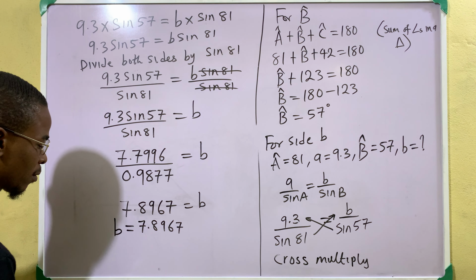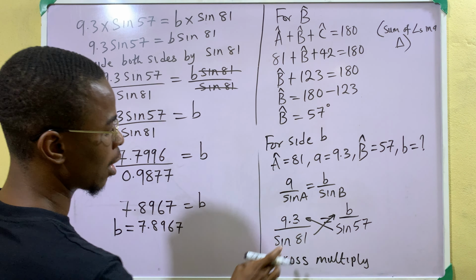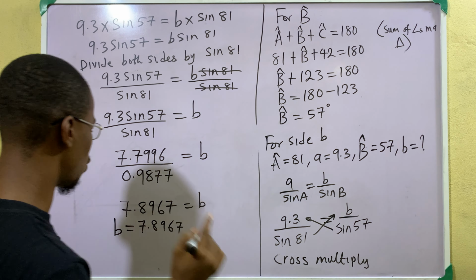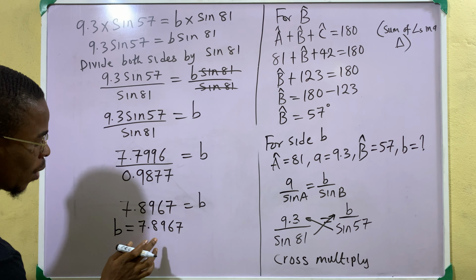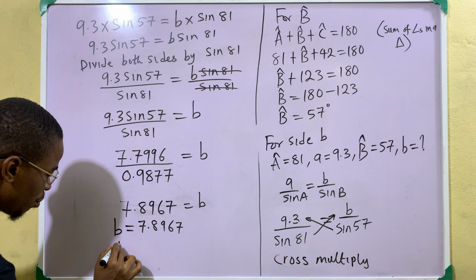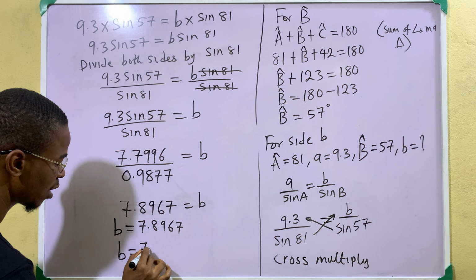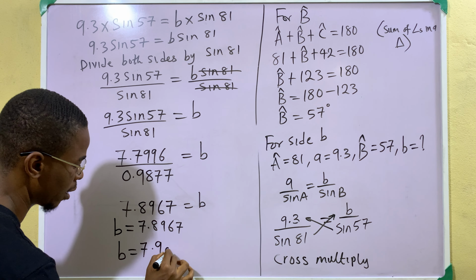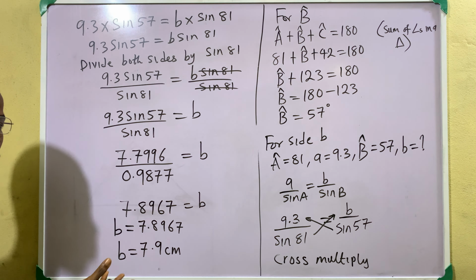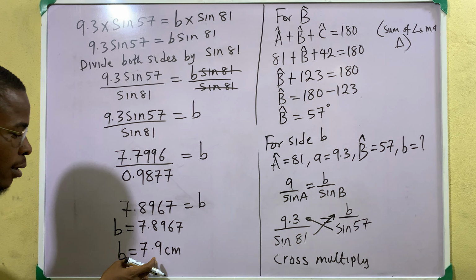But because our sides were given to us to 1 decimal place, I can also make this to 1 decimal place, which should be b equal to 7.9 cm. I know some of you will be asking me, how did I get this? Well, it's very simple.